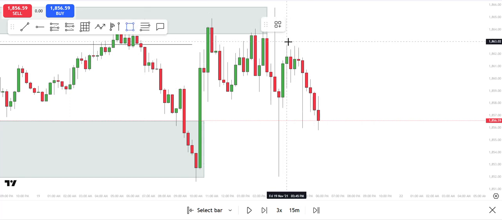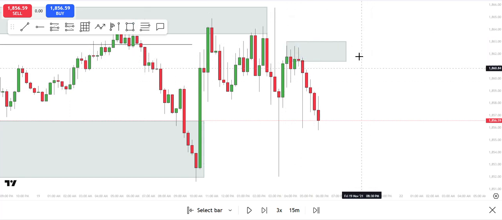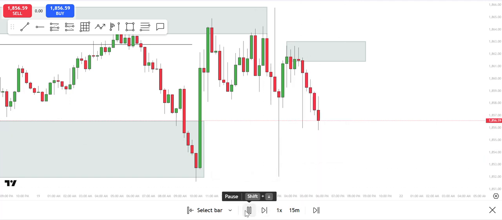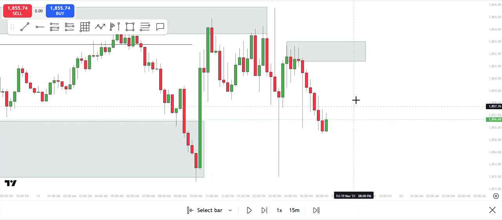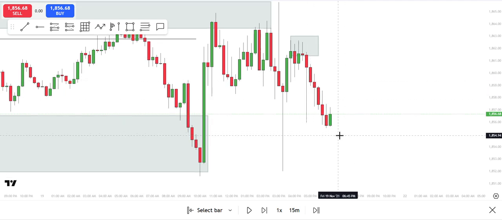So we can mark this zone because we already have some supply that was around there. Price was reacting to it, and so maybe you might expect some reaction from price. But we can see what price has done around there. So that one is already started.